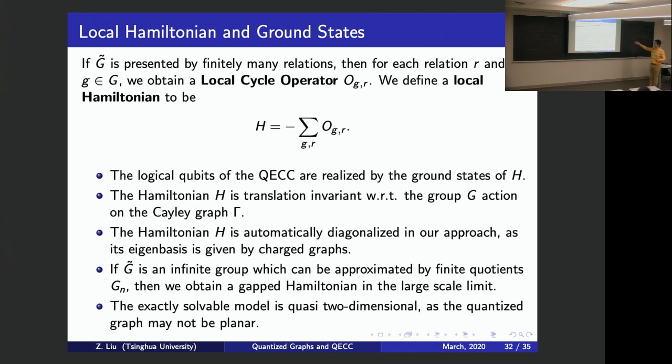And clearly, for a group in general, we can define some local cycles, and then we take the sum of local cycles, and then we get a Hamiltonian. And the ground state of the Hamiltonian is again the logical qubits. So that's the good part of this code. It can be easily implemented experimentally. Everything is really local.